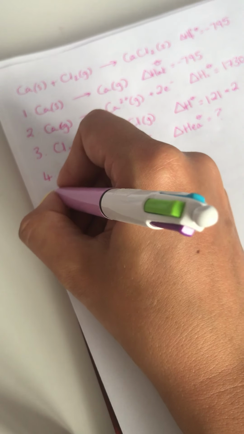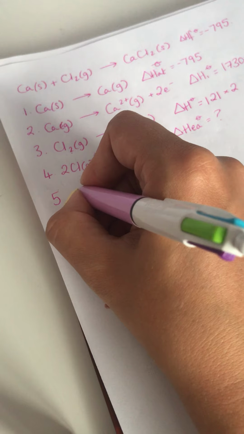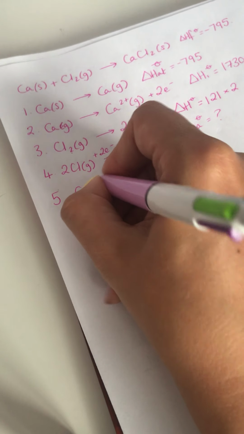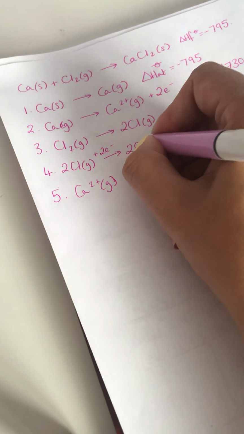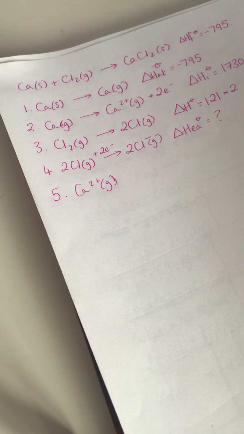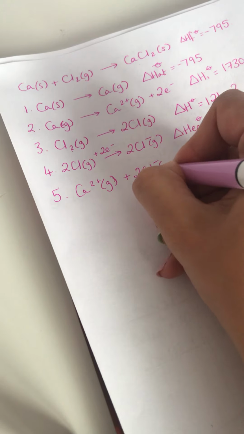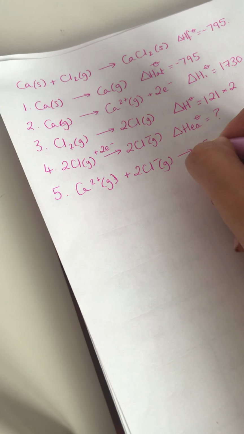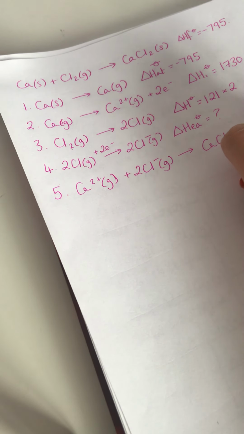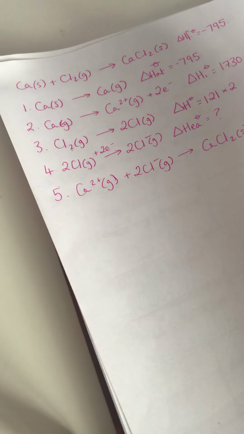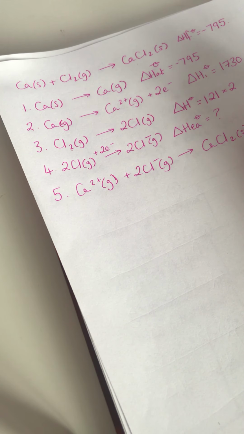And then our final step here is going to be taking our Ca2 plus and my 2 Cl minuses as a gas, and producing my CaCl2 as a solid, which we're told has a lattice enthalpy of minus 2184. So I've got that bit.